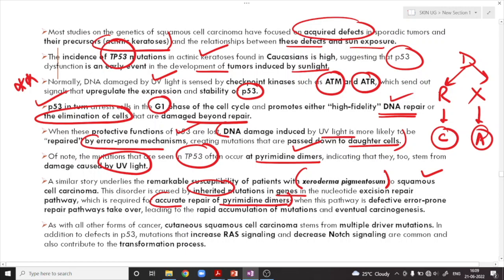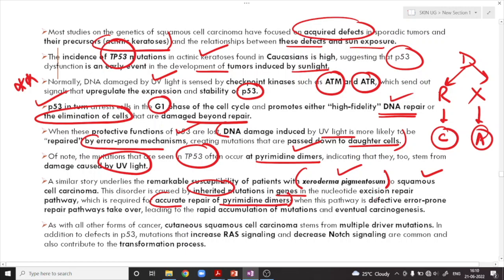So any kind of sunlight-induced mutation, which is basically in the form of abnormalities at the pyrimidine dimers, is repaired by the nucleotide excision repair pathway. Now in individuals who are suffering from xeroderma pigmentosum, they have inherited mutations in the genes involved in nucleotide excision repair, so they cannot repair the sunlight-induced damage in the form of the pyrimidine dimers. Okay, so they cannot repair the pyrimidine dimers.